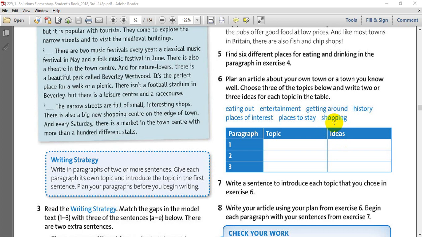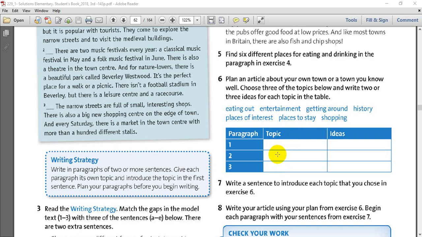Maybe we have places to stay: From inexpensive to luxury hotels, there is accommodation for everyone.